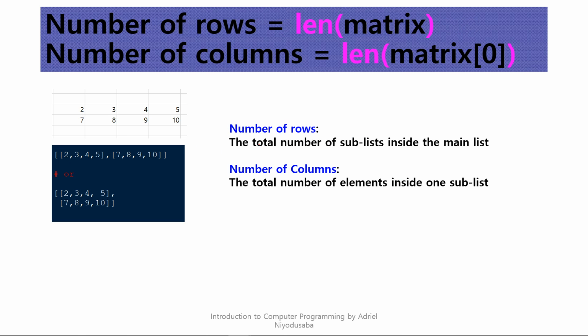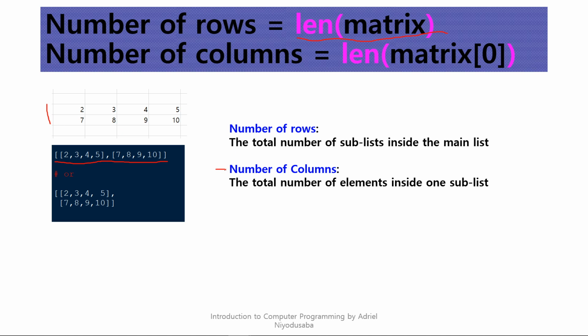Now with that idea in mind, we can count rows by counting the total number of sublists inside the main list. And we can achieve that by simply checking the length of matrix, because the length will give us how many items are inside the main list. And for now, as you see, the number of items will be how many sublists are inside the main list. So the length of this matrix will give 2, and that's the number of rows.